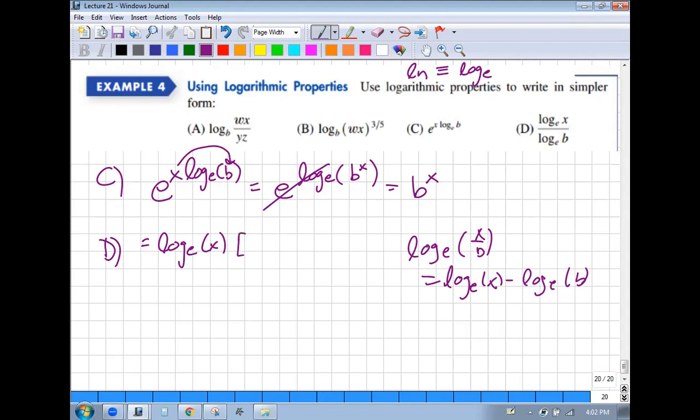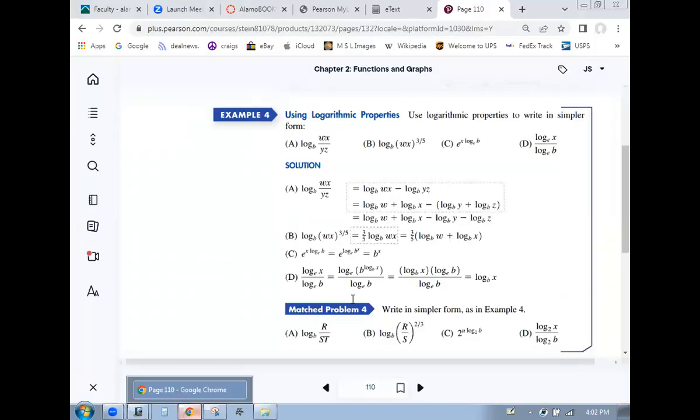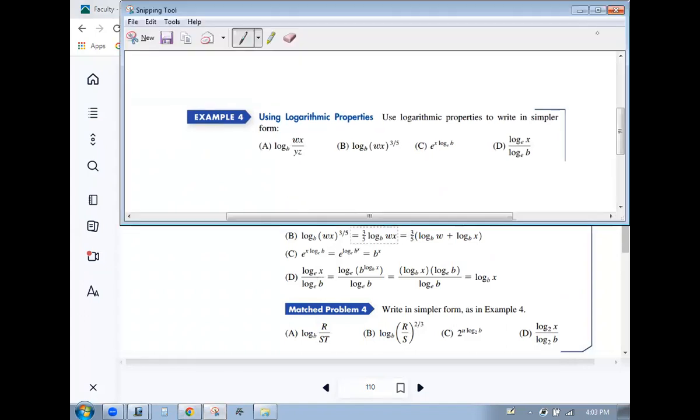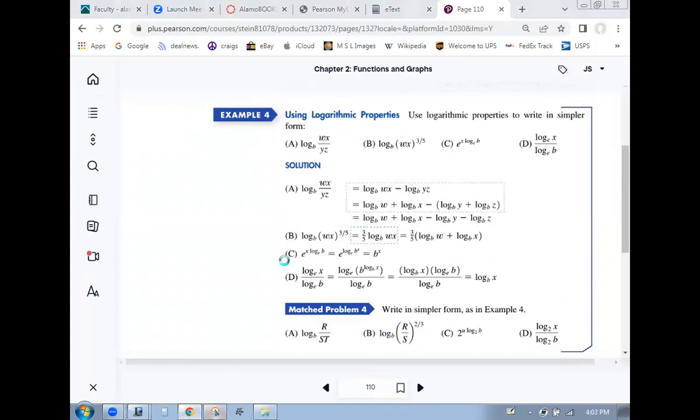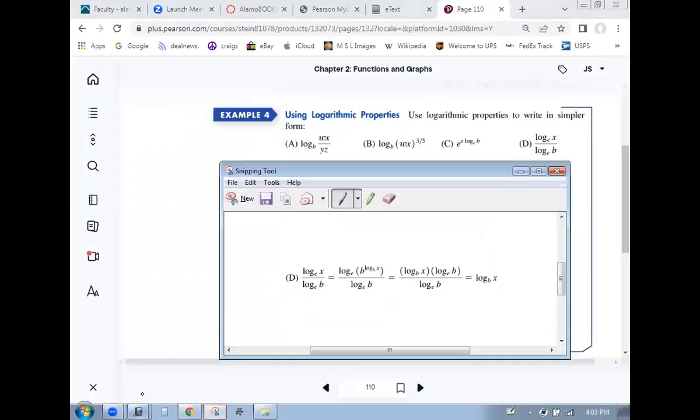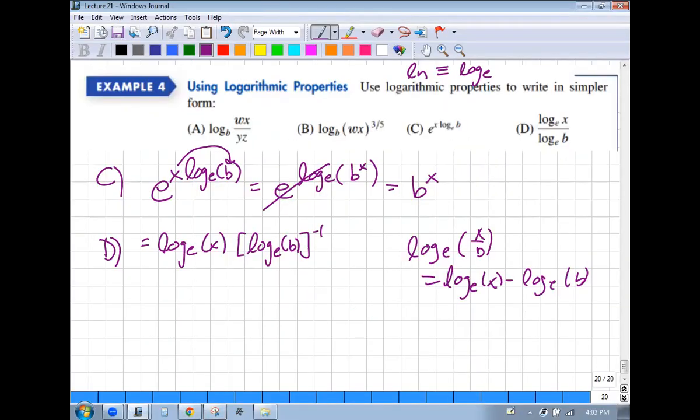We have log base e of b to the minus 1. I don't know what they want us to do. Let's look at their answer on part B. Yeah, it's the change of base formula that they're wanting us to come out with. We're deriving the change of base formula.